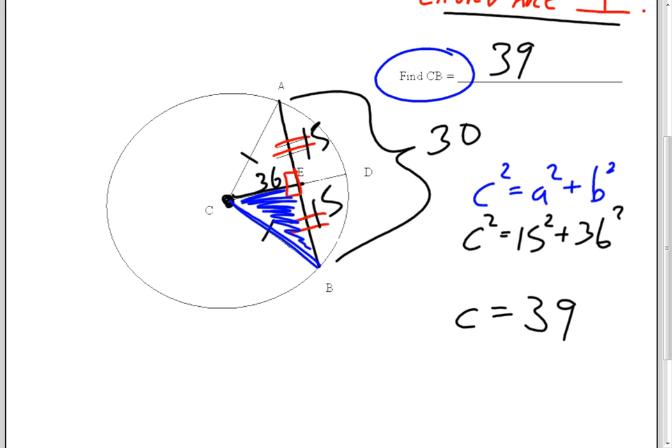Next page, radius and tangent are perpendicular and our tangent distances are equal. And then the last one is an if and only if statement. If you see a chord bisected by a radius, you can put in the right angles. If you see the right angles with a radius and a chord, you can put in the slash marks to indicate that it was bisected.